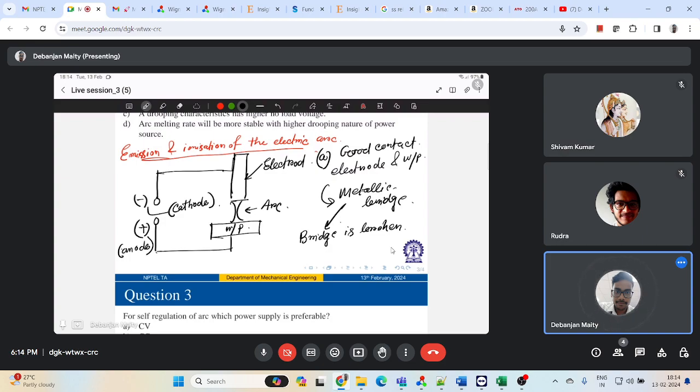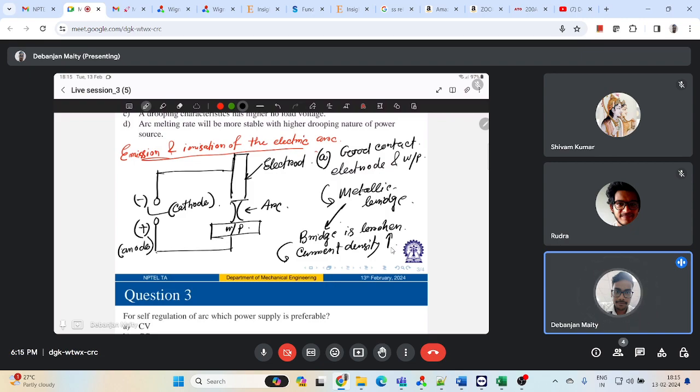Okay. So I was saying that the metallic bridge will start breaking, and what will it result in? It will increase the current density. Because the metallic bridge is breaking over here, it will increase the current density. Correct?